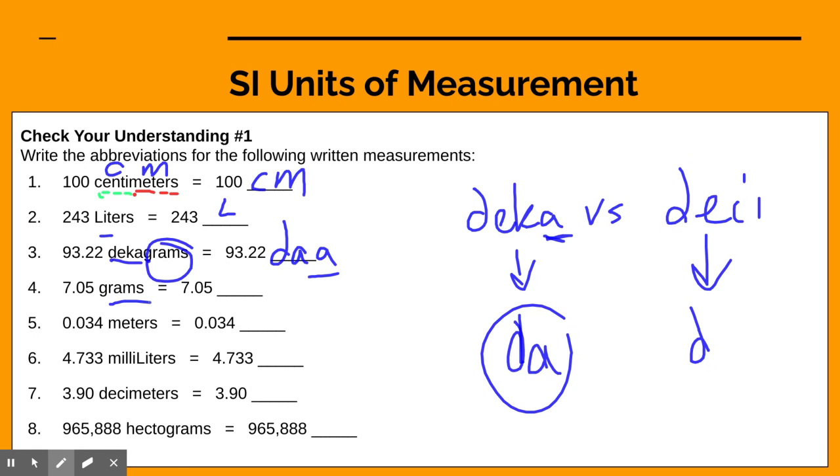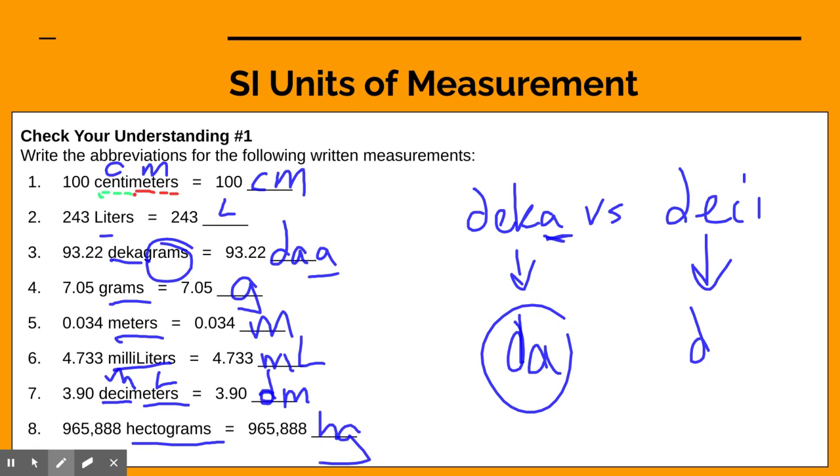And then grams all by itself is just a G. Meters is a lowercase m. Milliliters, milli is m. Liters is uppercase L. Decimeters, that's going to be lowercase d, lowercase m. And then hectograms, as an example, that's going to be h and then g.